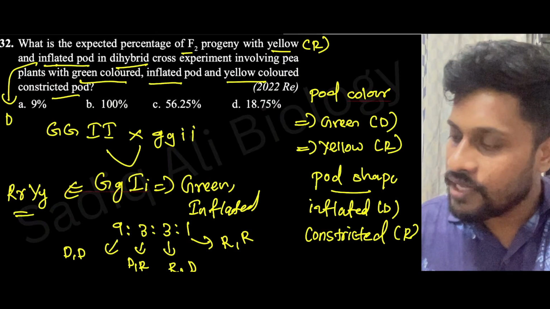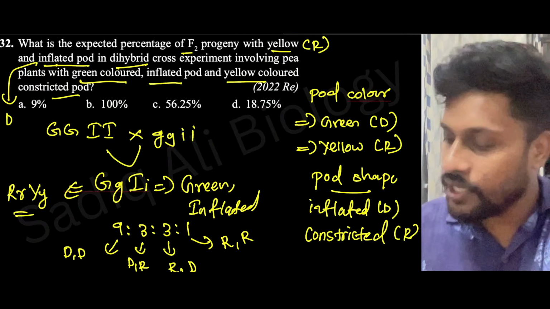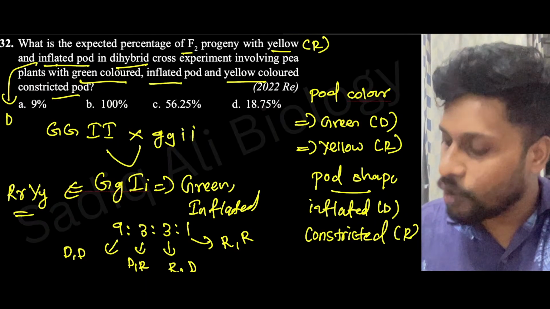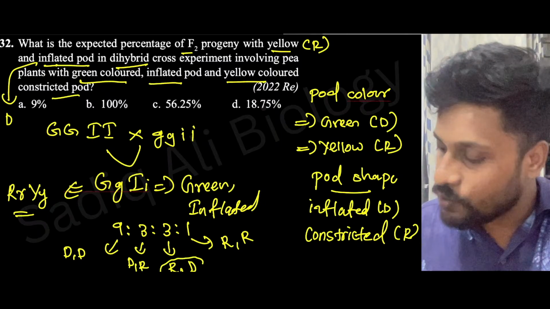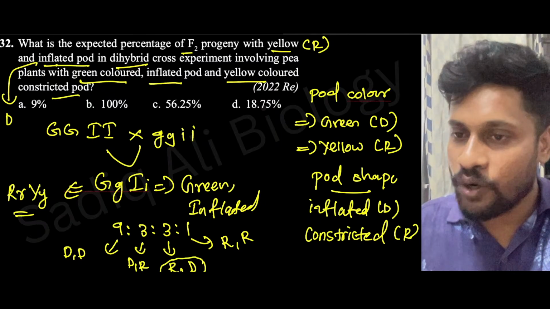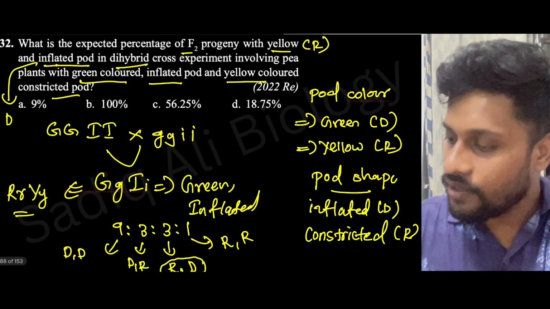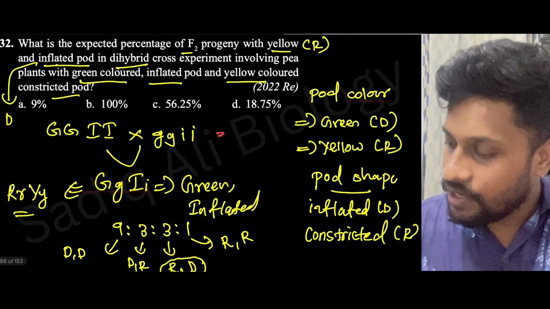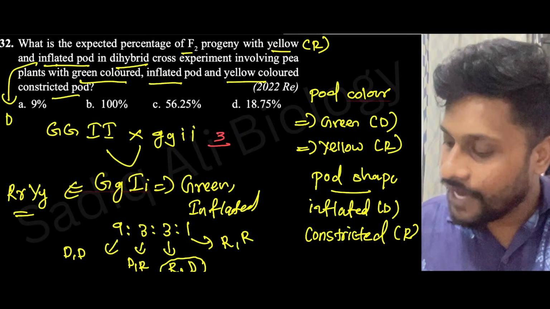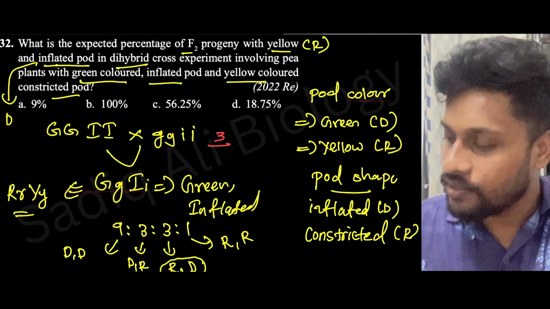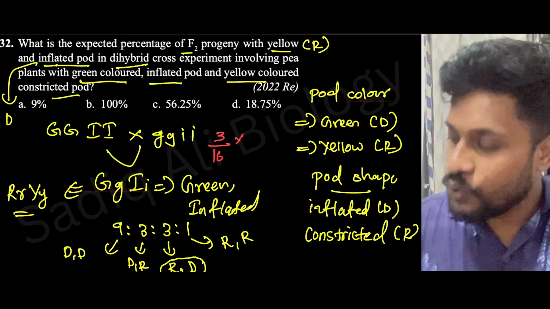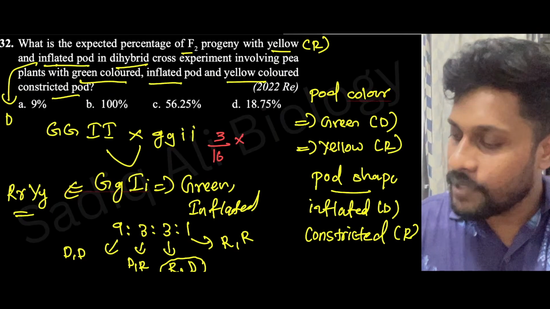So here they are asking one recessive and one dominant. They're asking this one, which means what is the ratio of this one? The ratio will be 3 out of the total 9 plus 3 plus 3 plus 1, which is 16, into 100, since they're asking in percentage, right?